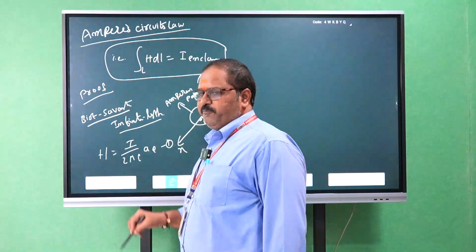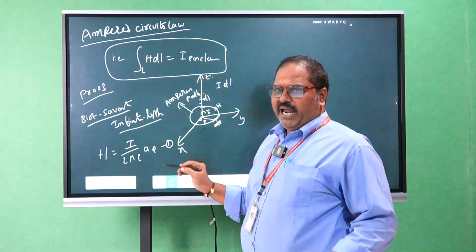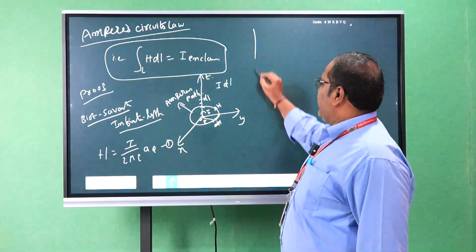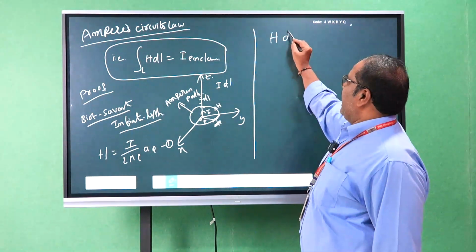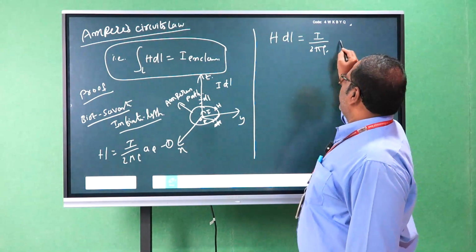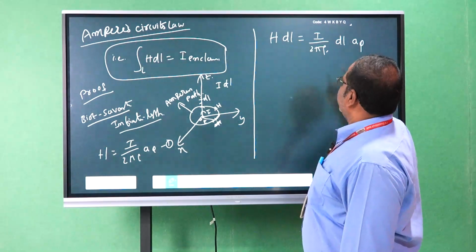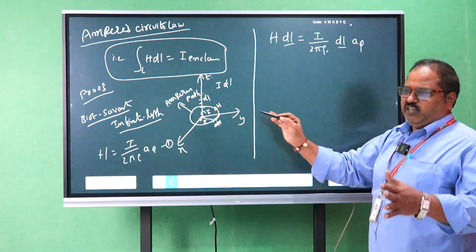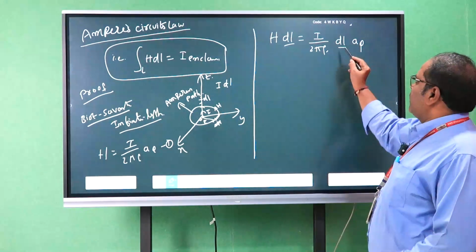Equation number 1. To the above equation 1, apply the differential element on both sides. Therefore, H dot dl is equal to I by 2 pi rho dl a phi. What is the differential element?